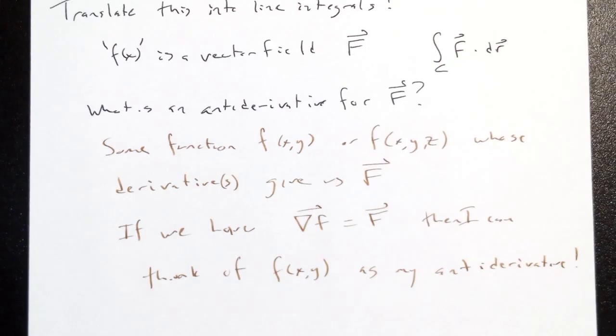So if we have a function f whose gradient is my vector field, then I have an antiderivative. And that means I can take my fundamental theorem of calculus and do it on a curve, on a line.